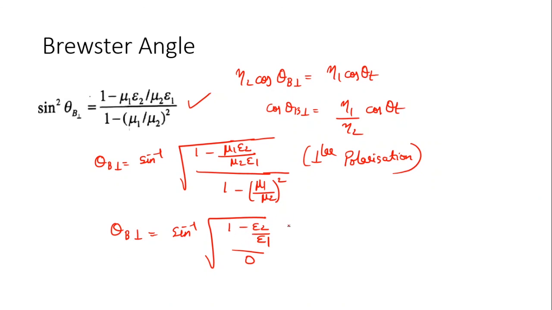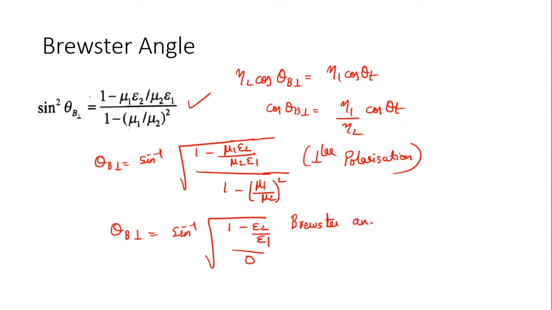So sine inverse infinity means it will be an infinite value. So again, it does not exist. So what you can say is Brewster angle does not exist for perpendicular polarization.